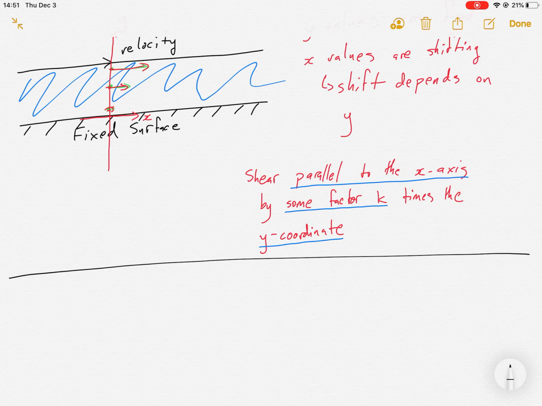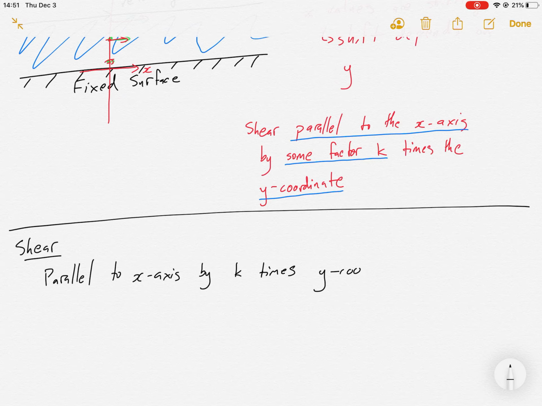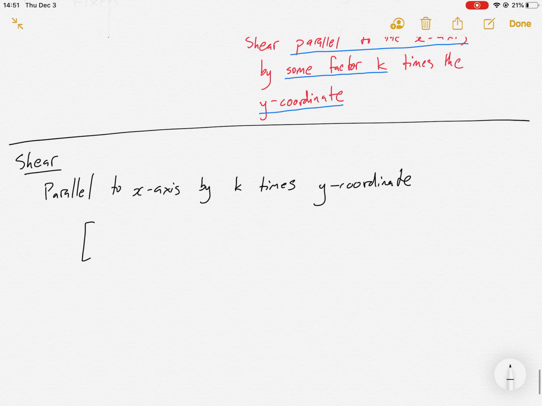So if we were to do exactly what I said there, this shear that is parallel to the x-axis by k times the y, then the matrix we would be using is going to look somewhat similar.